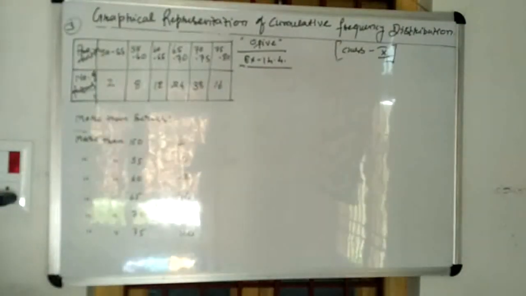So more than 75 are all 100. So this is the table being created.